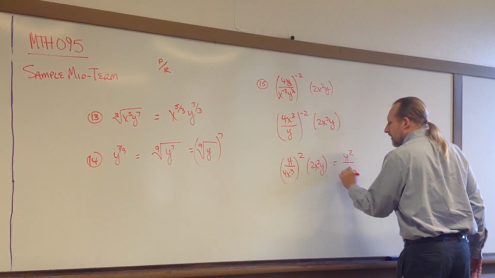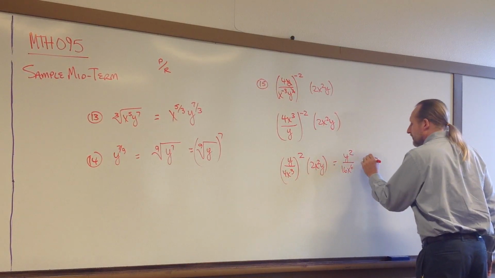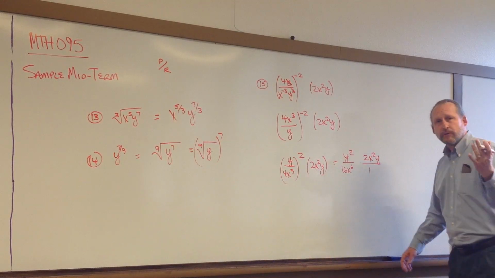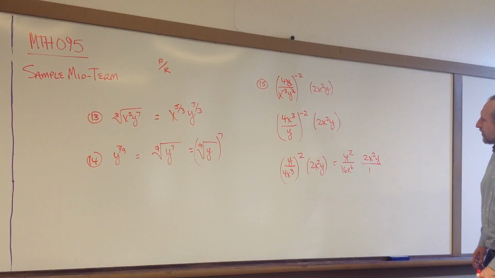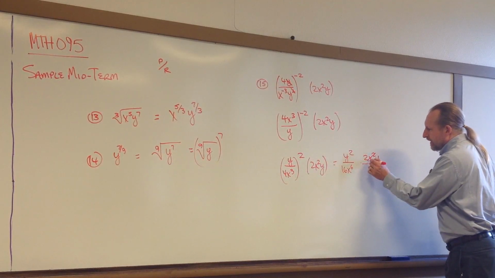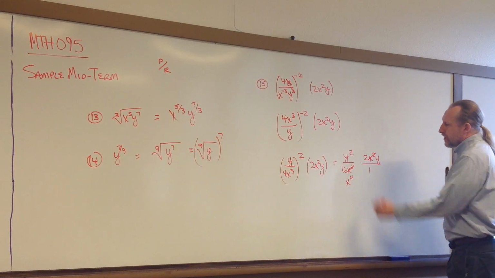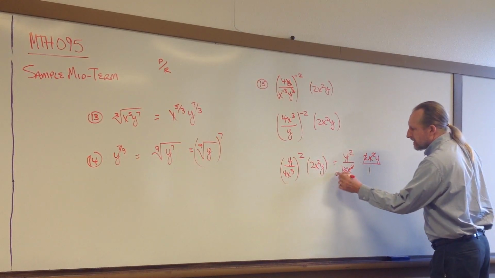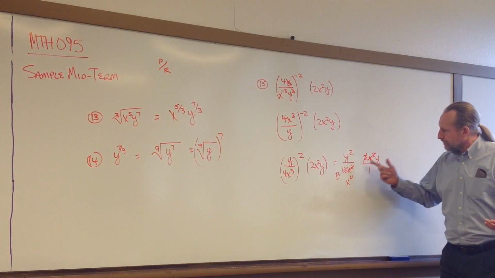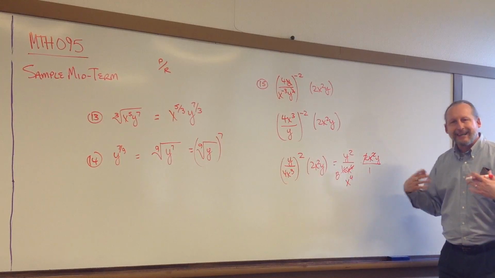So this is y squared over 16x to the 6th. And then this will get multiplied by 2x squared y. If you want to make that over 1, that works. You know, it can be helpful. Let's see. X squared cancels out 2 of these, leaves us with x to the 4th. 2 goes into 16 8 times. Notice when I work with the exponents, I subtracted, but when I worked with the coefficients, I divided.